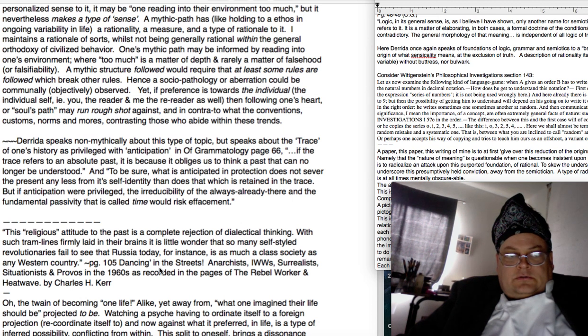And, quote, "To be sure, what is anticipated in protection does not sever the present any less from its self-identity than does that which is retained in the trace. But if anticipation were privileged, the irreducibility of the always already there and the fundamental passivity that is called time would risk effacement."